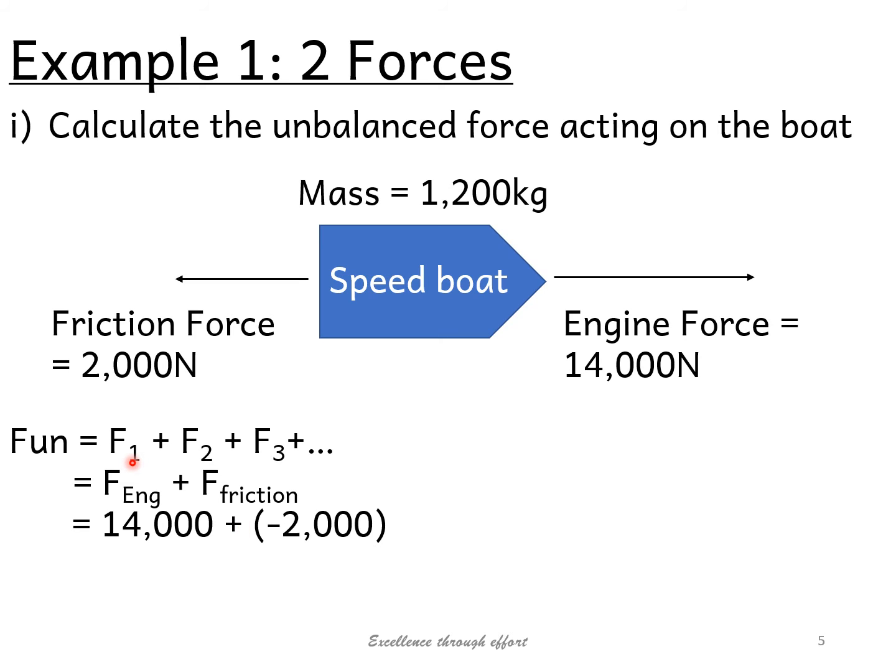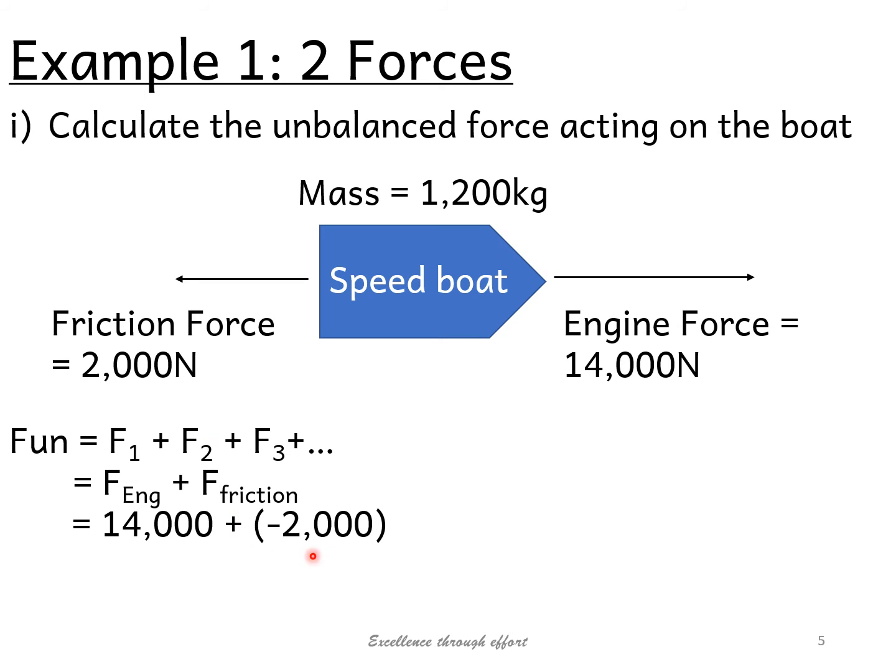The statement is F unbalanced is a sum of all the forces. The sum of all the forces means you are adding things together. But when you substitute in your numbers, you put in negatives to represent the direction. And the reason for this is because, as I said, forces are vectors, so they have a direction.